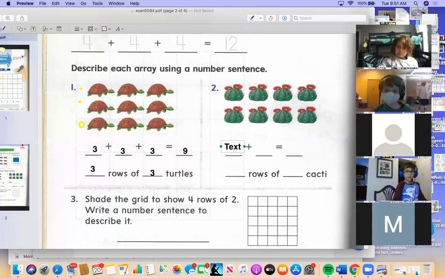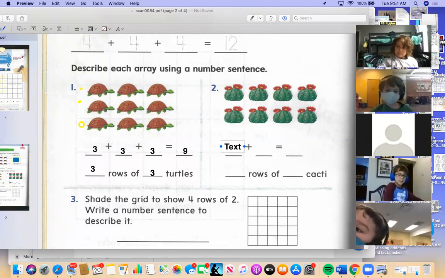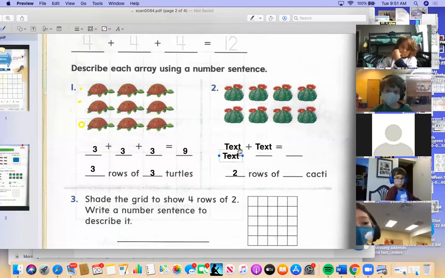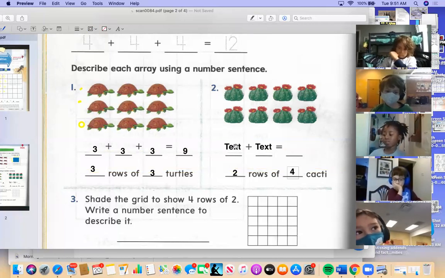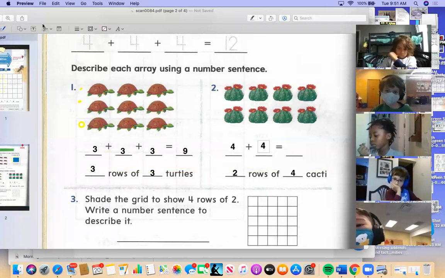Cactuses. Yes. How many cactuses in each row? 8. Well, how many cactuses are in each row? 4 in each row. So we have 2 rows of 4 cacti, which shows 4 plus 4, and yes, it is 8.